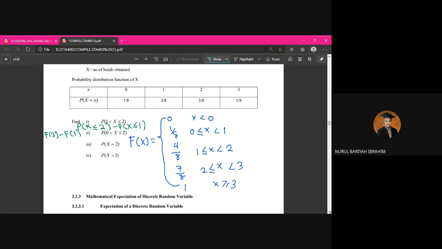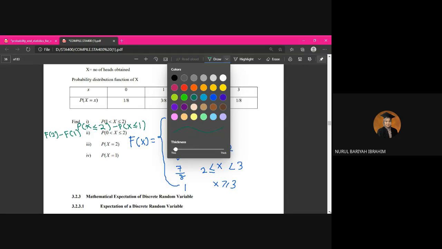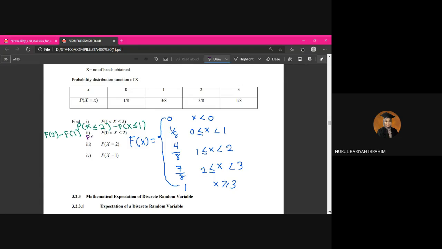a probability of X more than 0 but less than or equal to 2. So it will be probability of X less than or equal to 2. Okay, 2 termasuk, 1 tak termasuk. So kita tolak 1. X less than or equal to 0 tak termasuk.